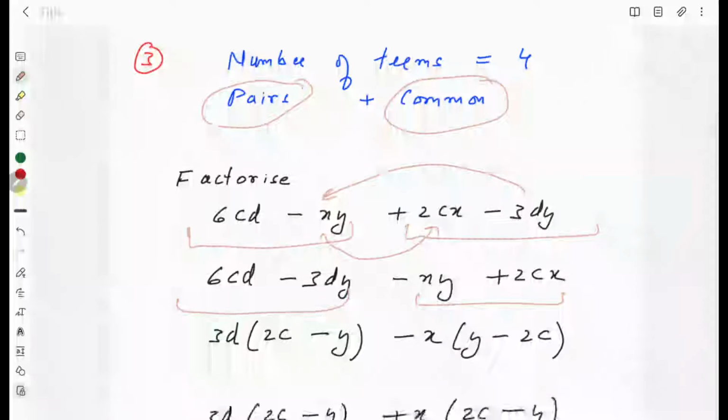You can see 3d is common in these two, and if you take 3d common you get 2c minus y, and if you have minus sign in between it will come out.